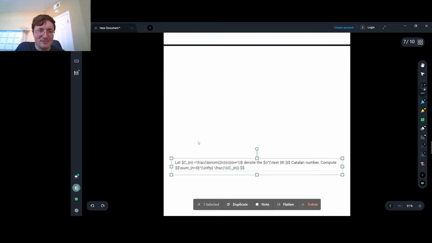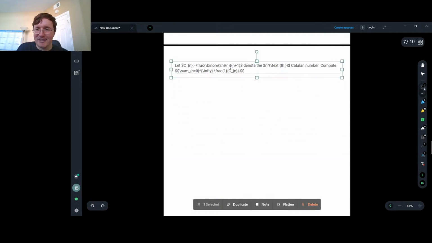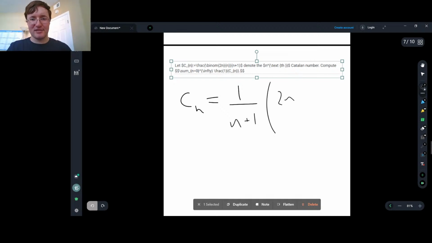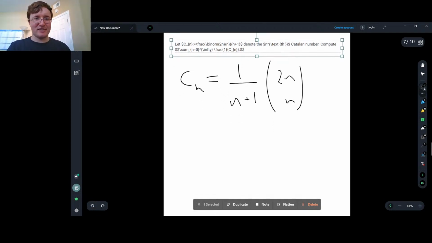So here's the problem. It's in LaTeX form, so I'll write it in a nicer form. Cn is the nth Catalan number. It's 1 over n plus 1 times 2n choose n. And I want to find the sum of the reciprocals of those.